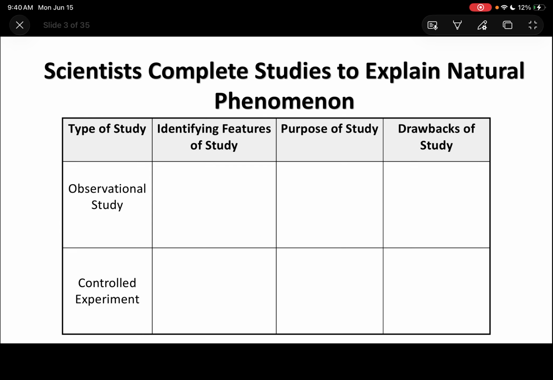Now, the scientific method is employed within scientific studies. There are a lot of different kinds of scientific studies if you get into the nuances of it, but a lot of those can fall into two very broad study types: observational studies and controlled experiments, which we're going to compare and contrast here.